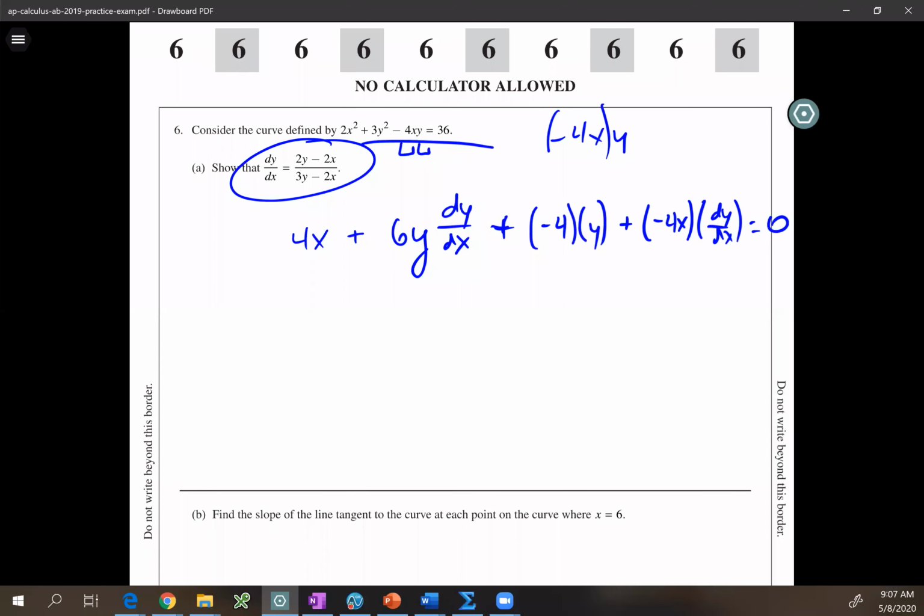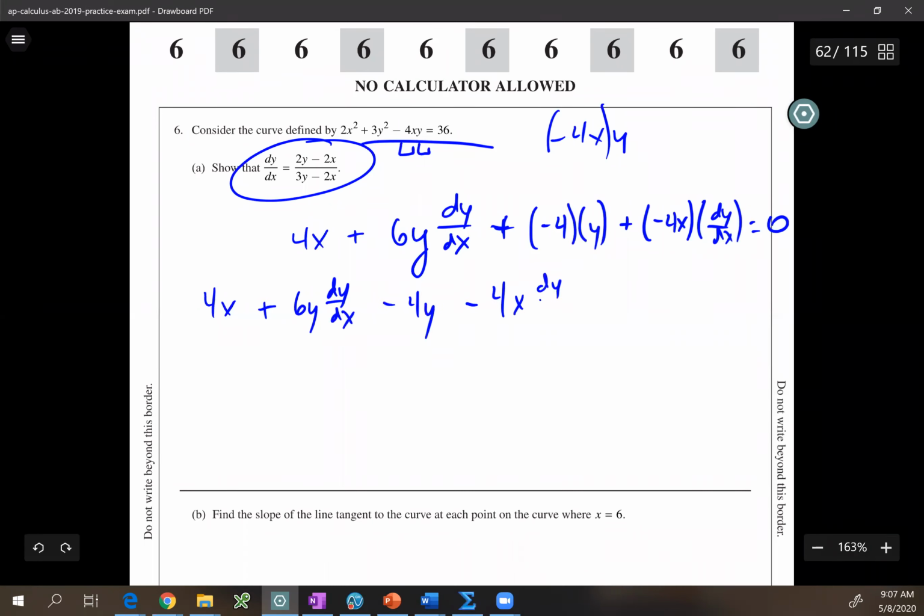So now I'm just going to rewrite this to clean it up a little bit. 4x plus 6y dy dx minus 4y minus 4x dy dx equals 0. And the shortcut tells us that we can move the things without dy dx to the other side and they flip signs. And then our guys with dy dx get divided and they keep their signs.